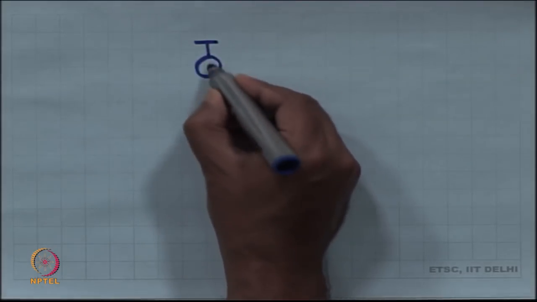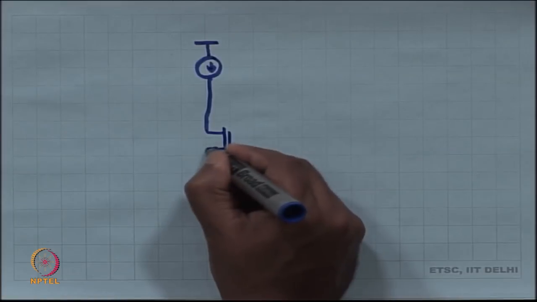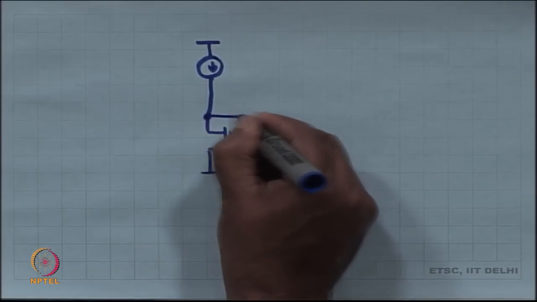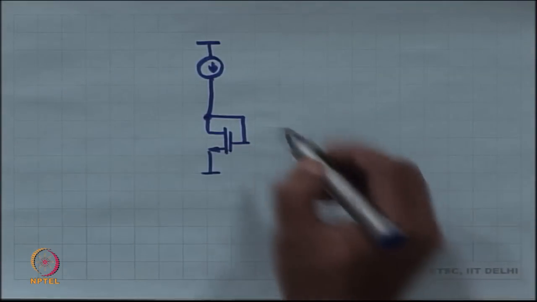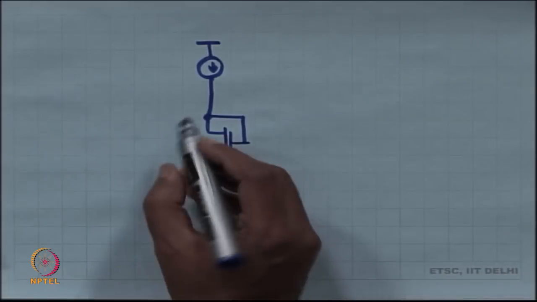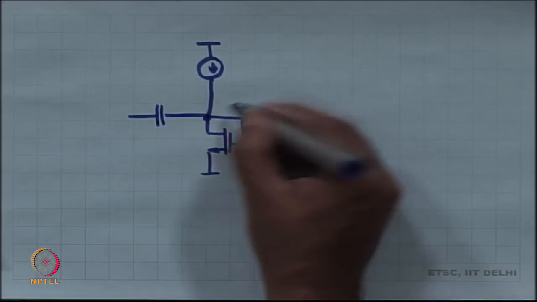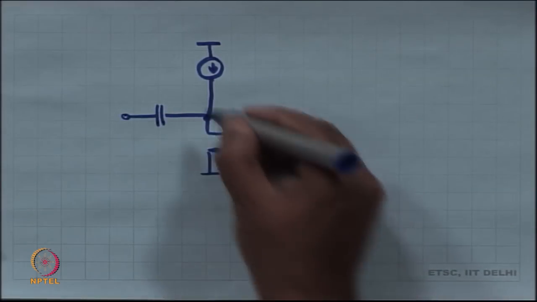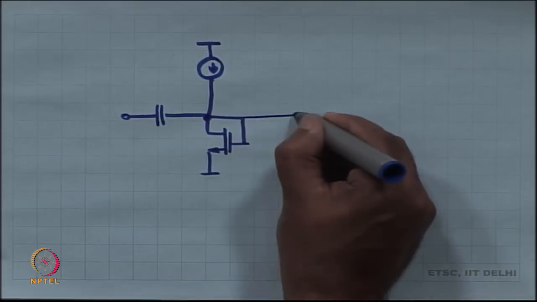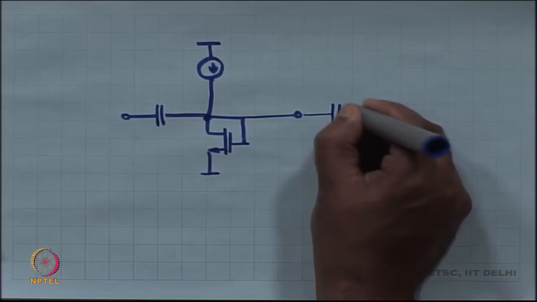You push a weak current through a large MOSFET, you get your VT. Okay. And then of course, you have to couple in the signal. Your input signal goes to your input transistor, input NMOS.